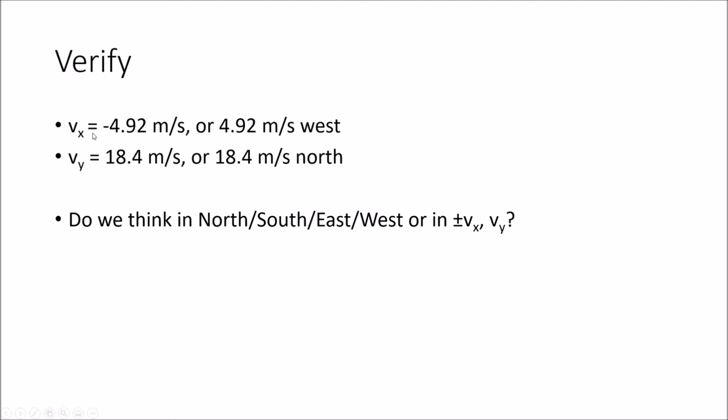We've got negative 4.92 meters per second as Vx, or we can think about it as 4.92 meters per second west. We've got Vy is equal to 18.4 meters per second, or we can call it 18.4 meters per second north. Now, this question I always ask every semester, do we think in north, south, east, or west, or do we think in plus or minus Vx and Vy?